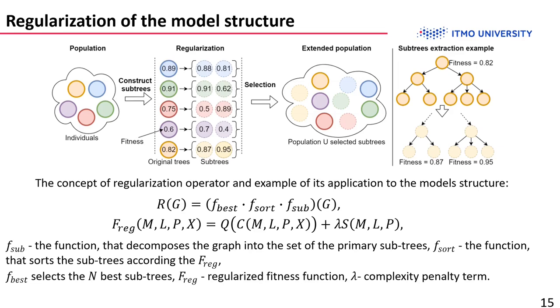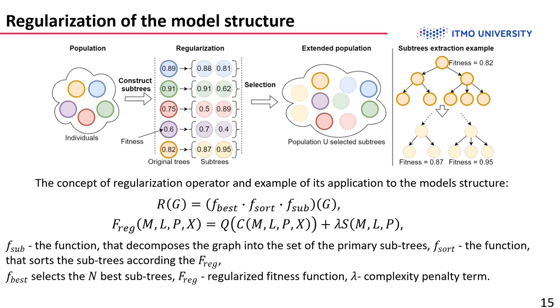However, even if the topology of the model was changed, some parts can be used without retraining. So we can extract the subgraph from the composite model structure graph and evaluate its quality independently, as if it is a separate composite model.